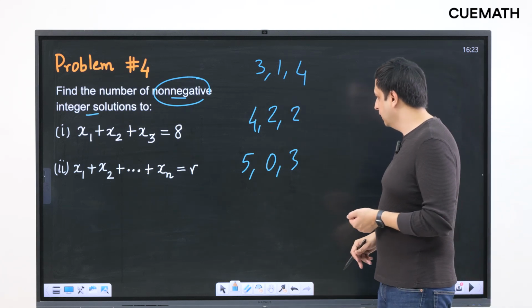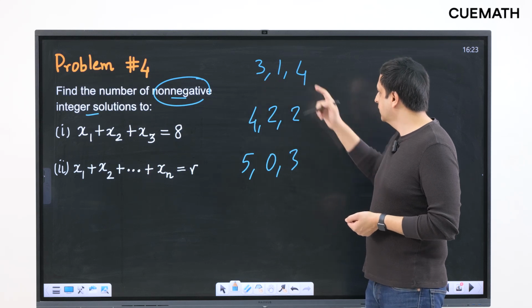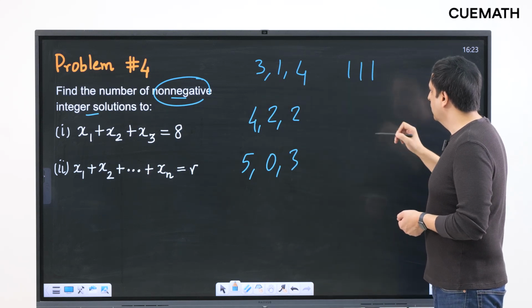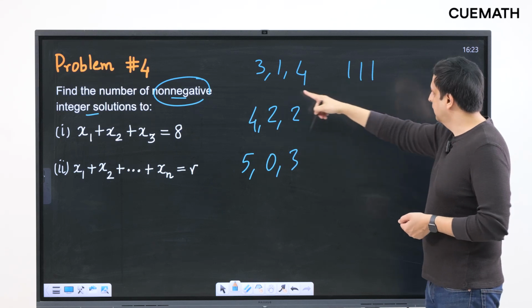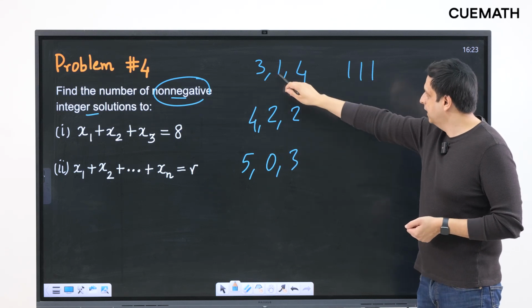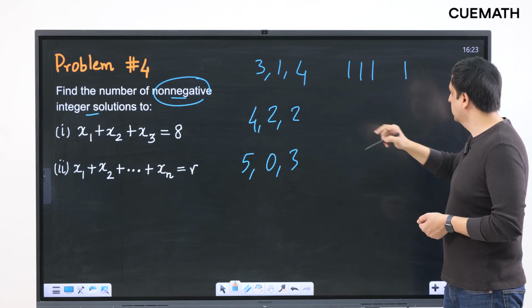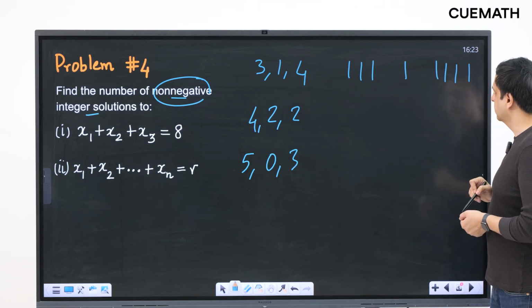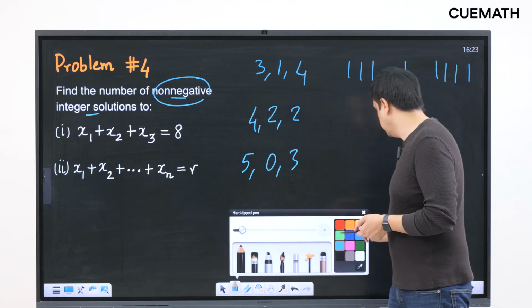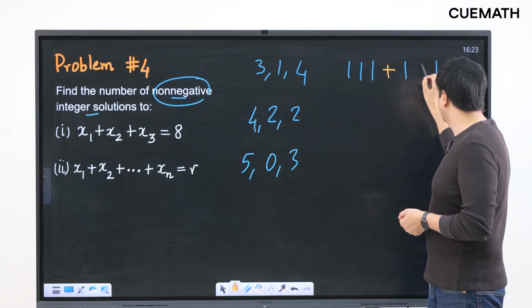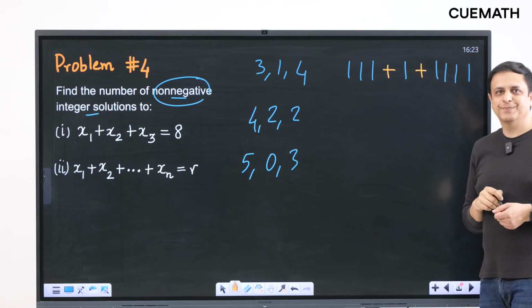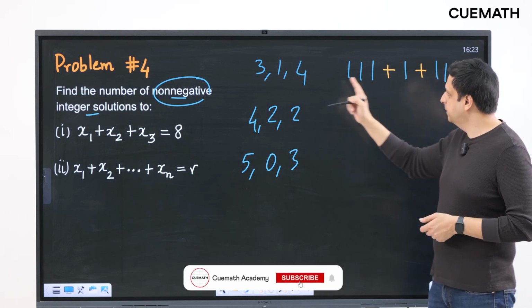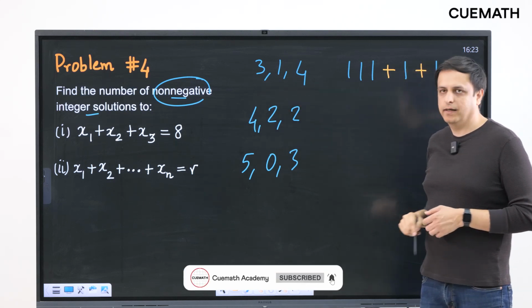So this first one here, because it's 3, 1, 4, I'll write this as 111, and then I'll leave a space, and then I have this 1 here, so I write a 1, and then I have this 4 here, so I will write 4 ones like this, okay? And then what I'll do is I'll insert 2 plus signs like this, okay? So now I have this string representing the specific solution 3, 1, 4.